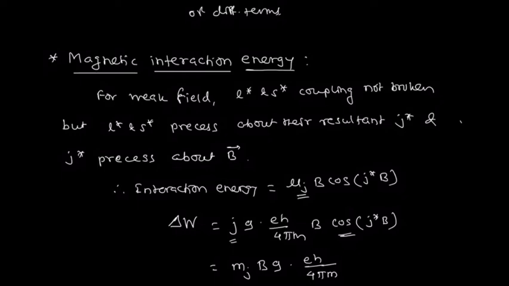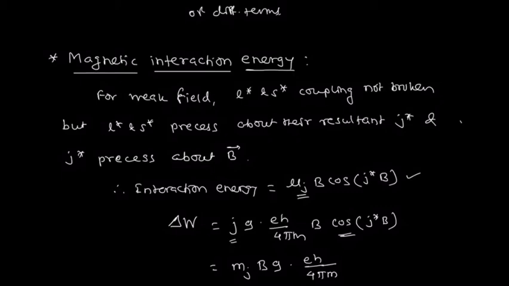That projection we write as μj B cos(J*B), since B is the strength of the magnetic field multiplied by the projection of the total magnetic moment on the external field direction. That relation is μj B cos(J*B). The interaction energy we denote ΔW, and we simplify the relation.